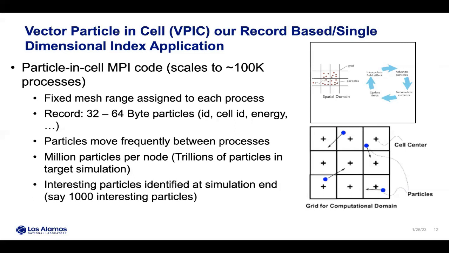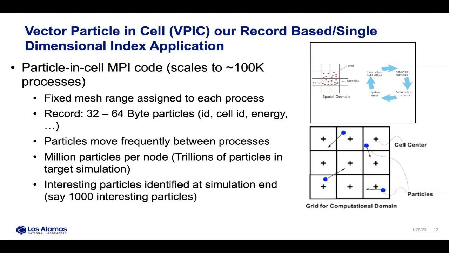A record consists of approximately 32 to 64 byte particles: a particle ID, a cell ID, energy, and a few other fields, and momentum is calculated based on a few of the other fields. The particles move around frequently between processes. There can be millions of particles per node and trillions of particles in a large simulation.